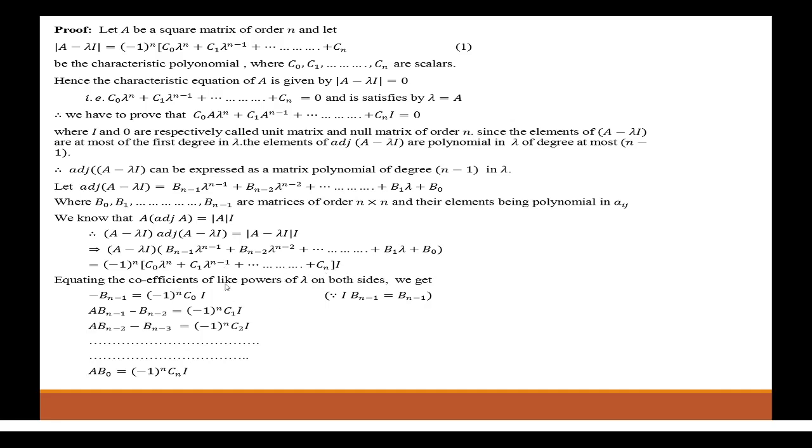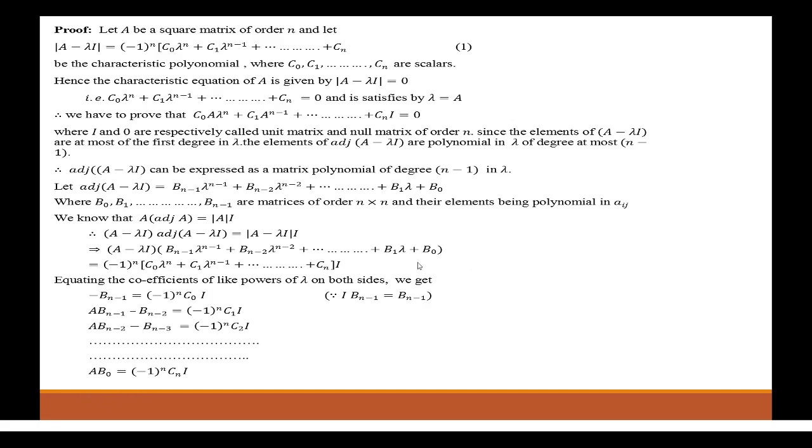So equating the coefficients of like powers of λ on both sides, we get: first, -B(n-1) = (-1)^n c0 I. Next, A B(n-1) - B(n-2) = (-1)^n c1 I. Again, A B(n-2) - B(n-3) = (-1)^n c2 I, and so on.